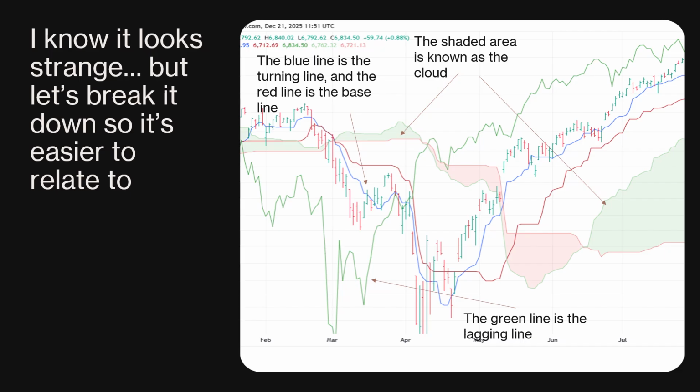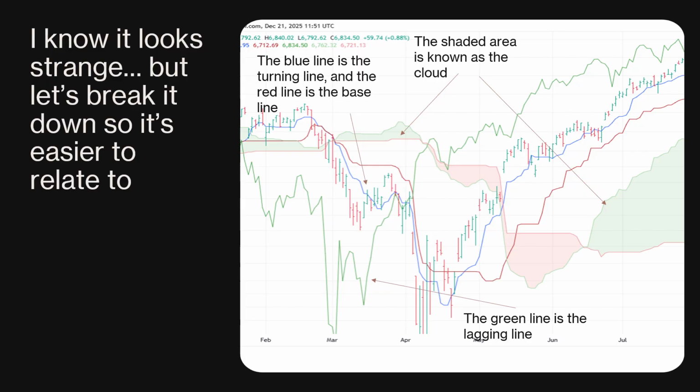I know that it looks strange, but let's try and break it down so it's a bit easier to relate to. So let's start off with the shaded area, which is otherwise known as the cloud. When price is below the cloud, that's generally perceived as bearish. When price is above the cloud, that's generally perceived as bullish.